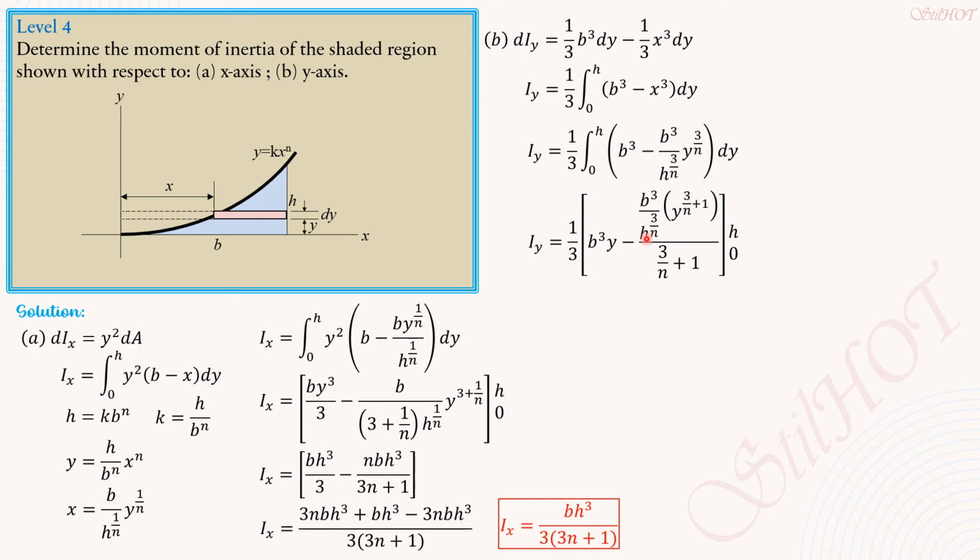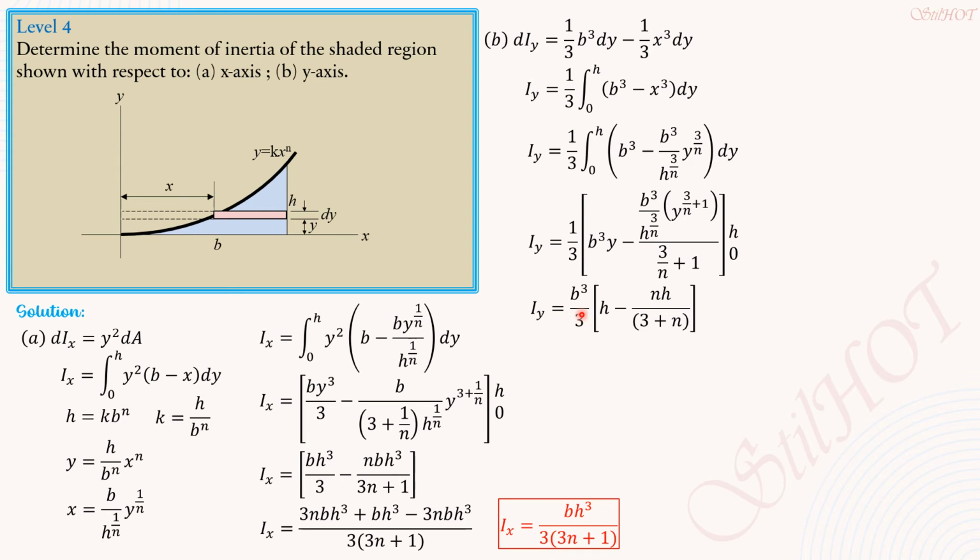Take note that h to the 3 over n will be cancelled, because when we substitute the upper limit h, this term is h to the 3 over n times h. So we can cancel h to the 3 over n, and this is just h. Then the denominator is (3 plus n) over n, and we put n in the numerator. So Iy equals b cubed over 3 quantity h minus nh over (3 plus n).